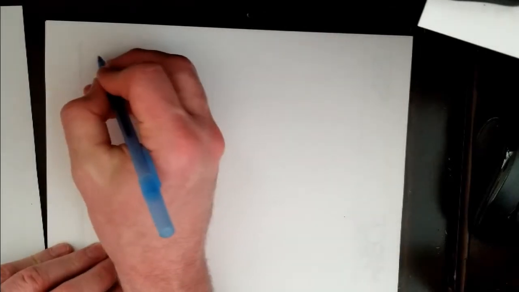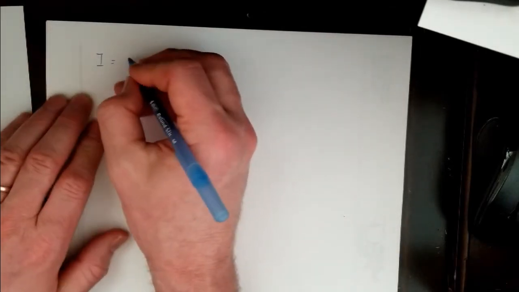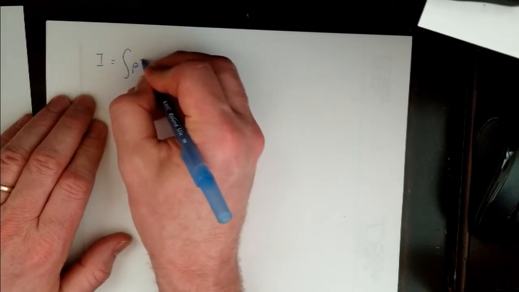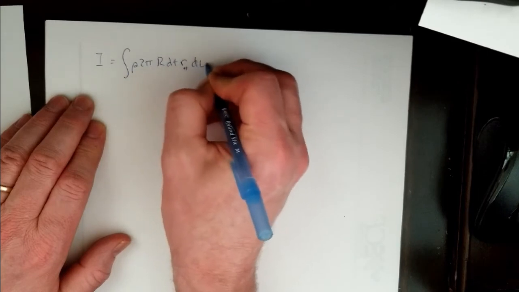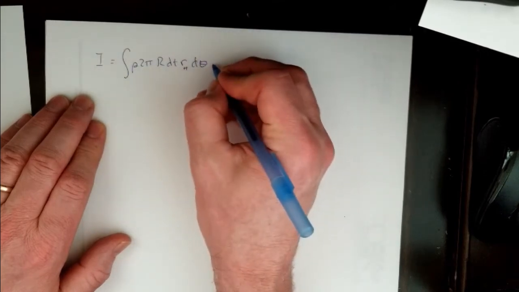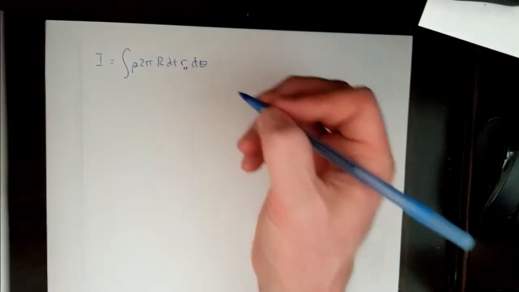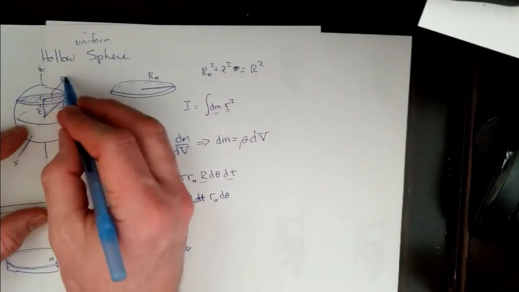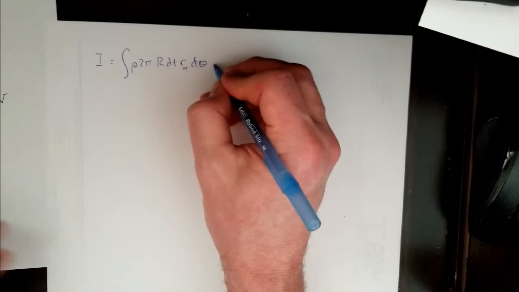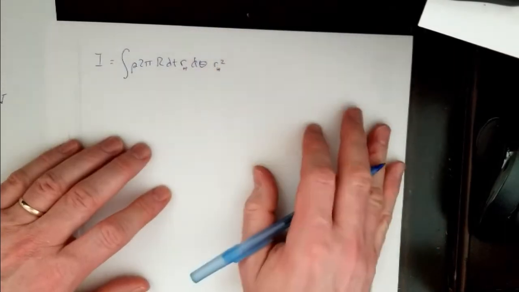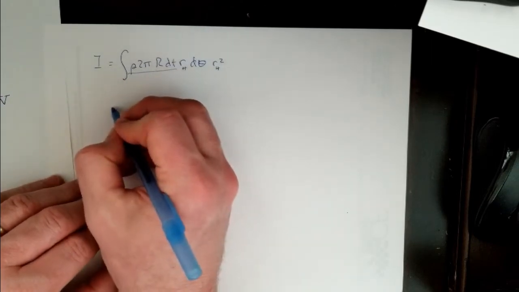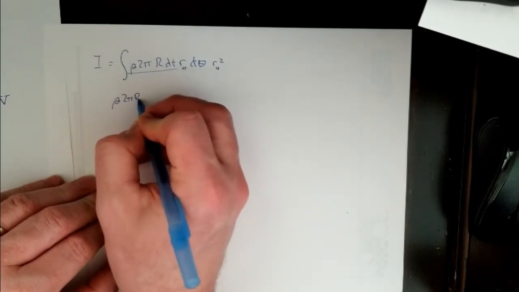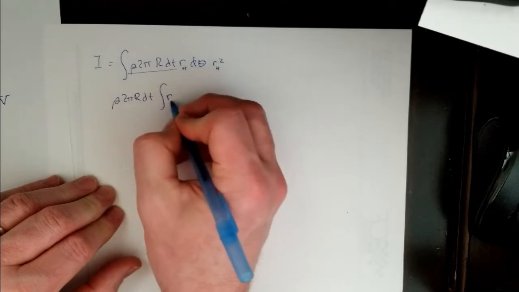All right, so my moment of inertia then would be the integral of rho 2 pi big R dt r_hoop d theta times r squared. Now this r is the distance from the axis here, so this is radius of the hoop squared. Bring the constants out. These are all constants, so this is rho 2 pi big R dt times the integral of r_h cubed d theta.